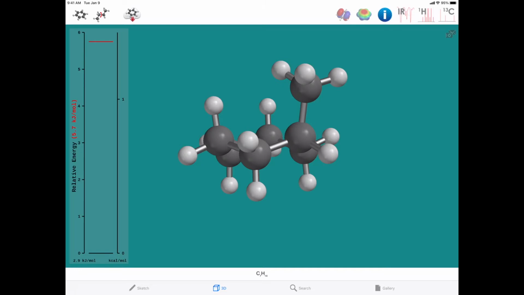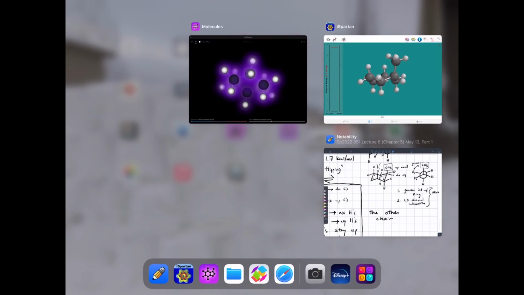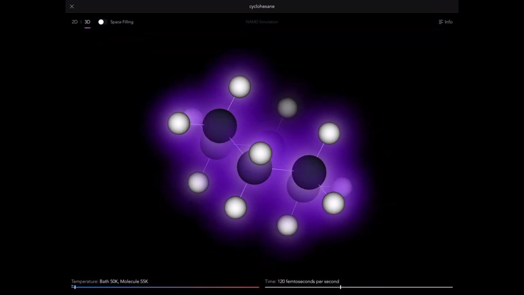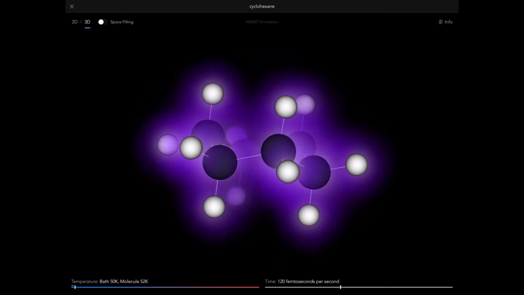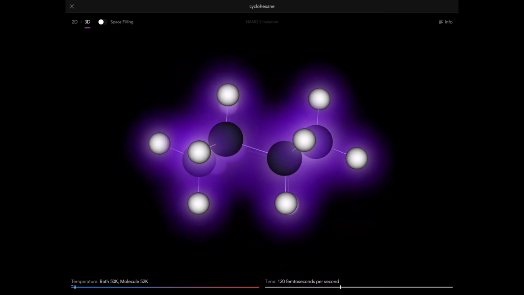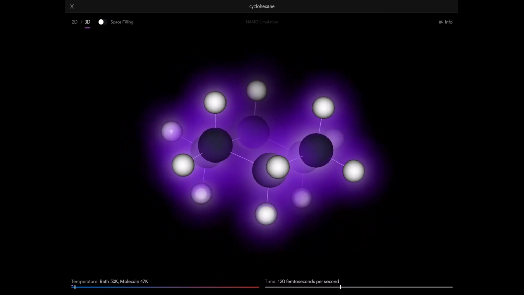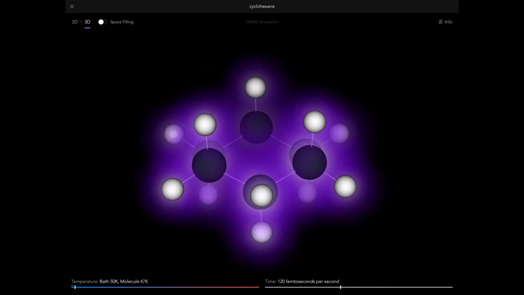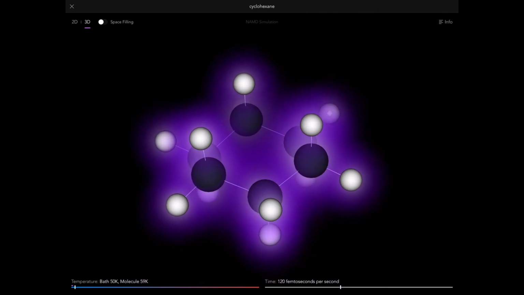Yeah. All right. So the process of changing one chair to another, you can go on the internet and find movies of this. I'm going to attempt to show you using the Molecules app, but it's probably not going to go that well. Basically, what we have to do to get to the other chair is take this carbon in the front.